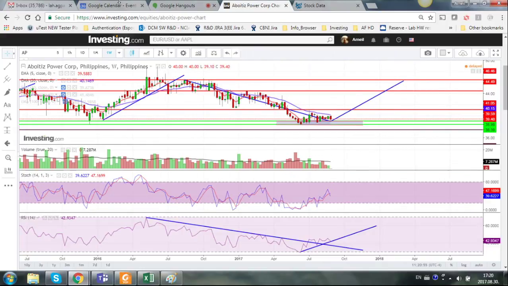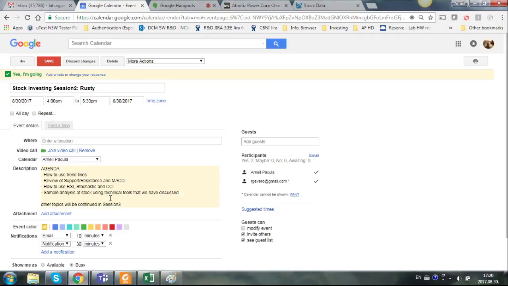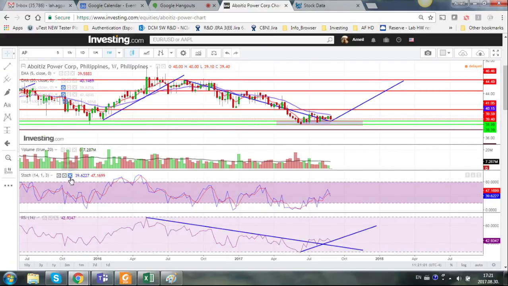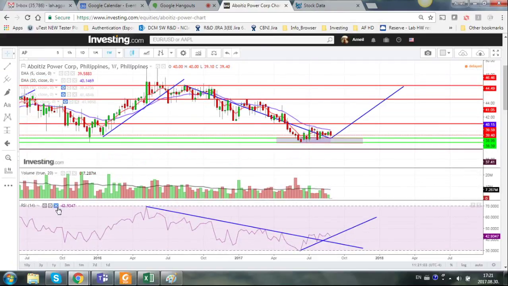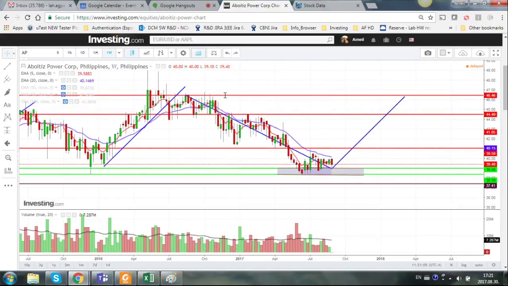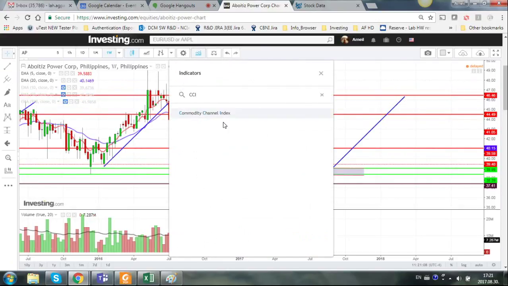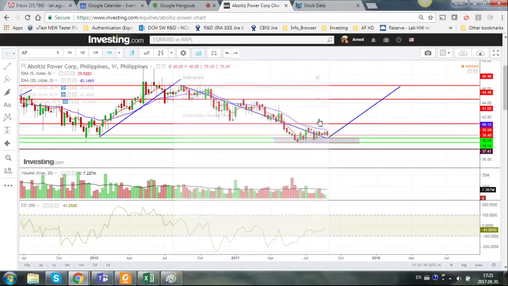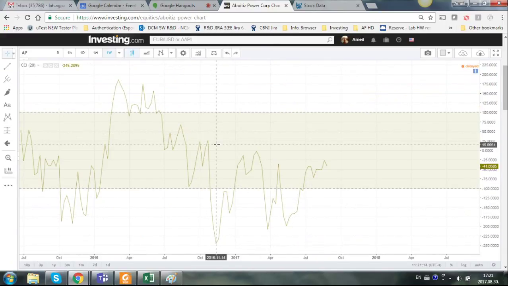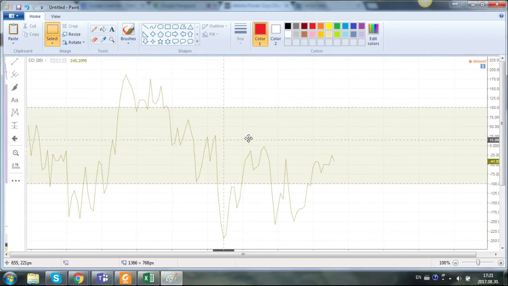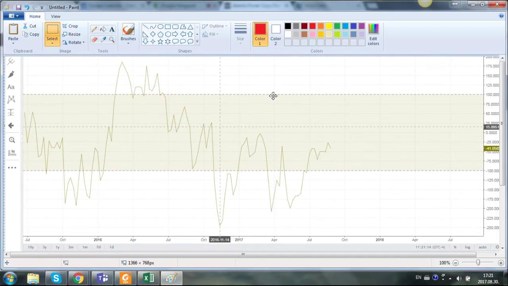Alright, so yan, that is stochastic. And CCI, one of my favorite indicators. Nilagay ko na ang CCI. Alright, so ito yun, CCI. Yan. So, important points ng CCI. So, yung mga important points ng indicator, kailangan kabisado mo yan.